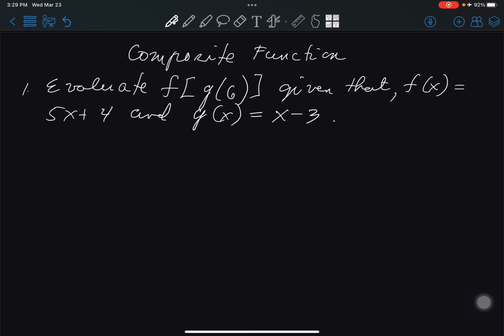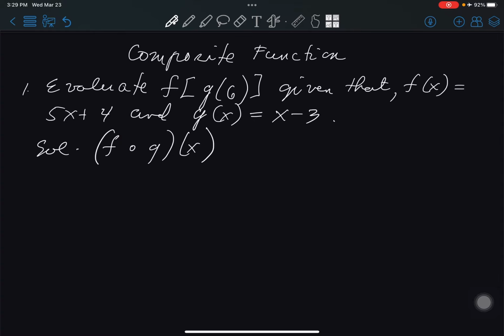However, to solve this, we need to find out first the value of f of g of x using the corresponding values. Okay, so here we have our solution. We have f of g of x.